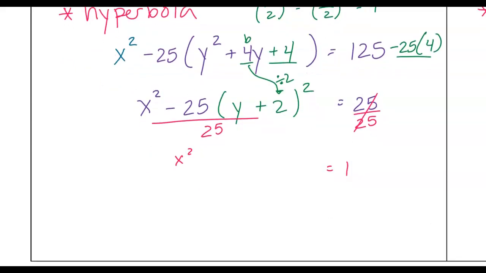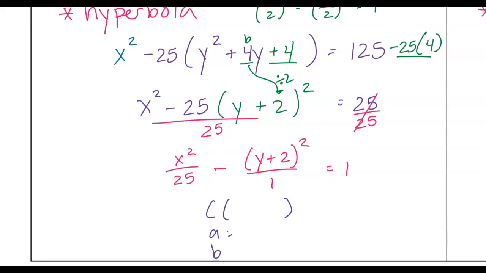We place the x squared over 25 minus 25 over 25 makes the denominator of the y quadratic be a 1. And now this is in standard form. This is the standard form for a hyperbola. So I can identify my center, my A, and my B. Where is my center?